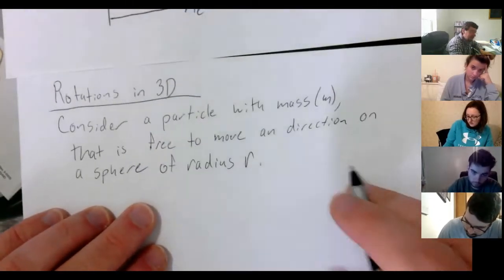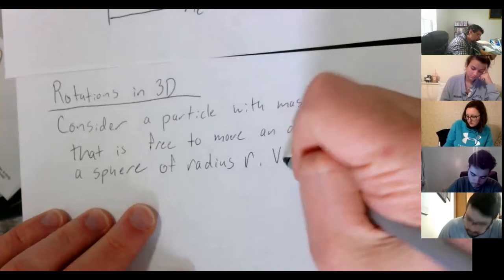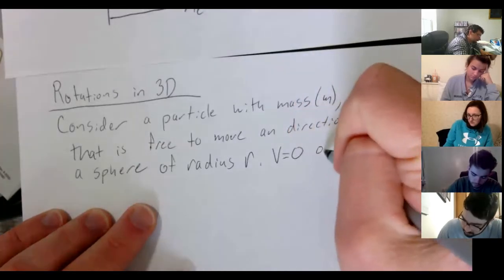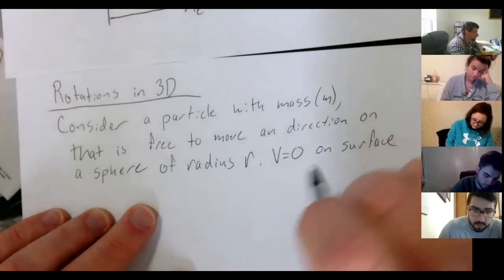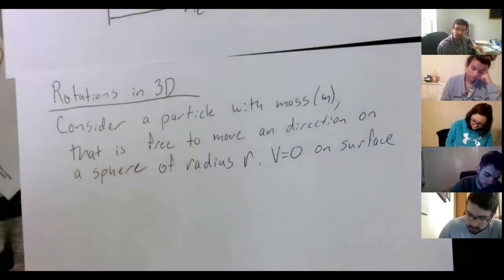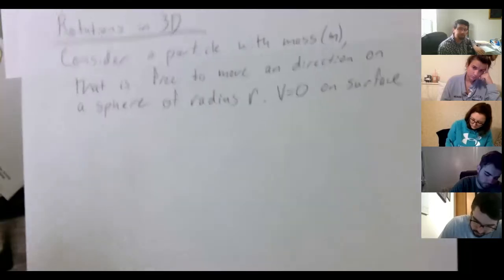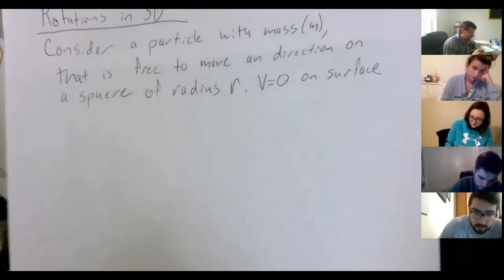The potential on that surface is equal to 0, and it's infinite everywhere else, we'll say. Okay, so let's try to draw our system.